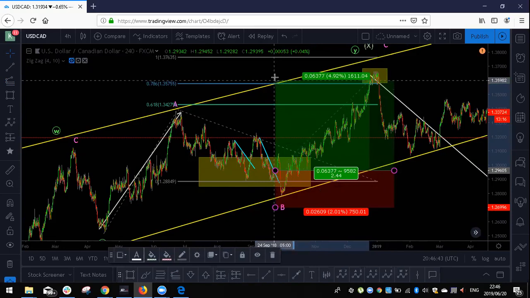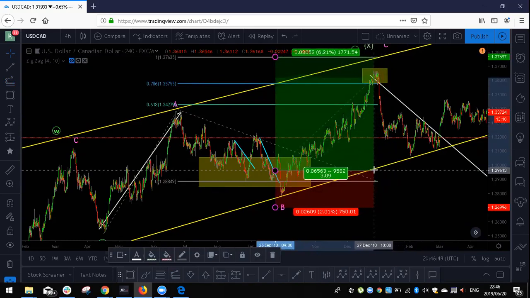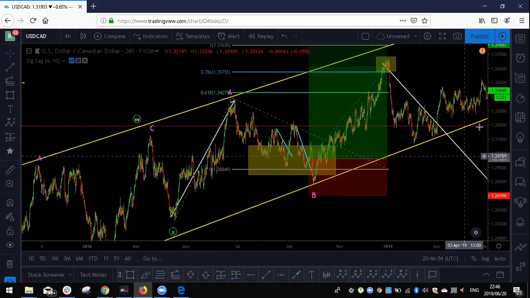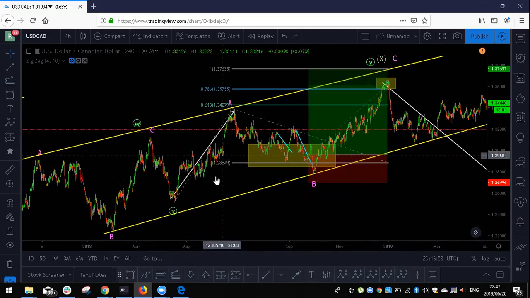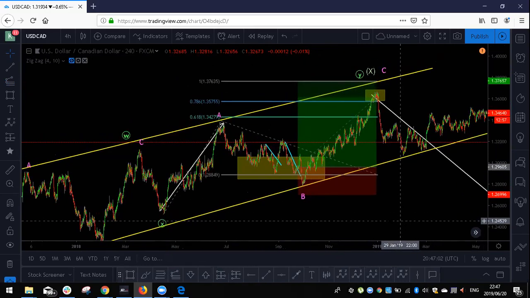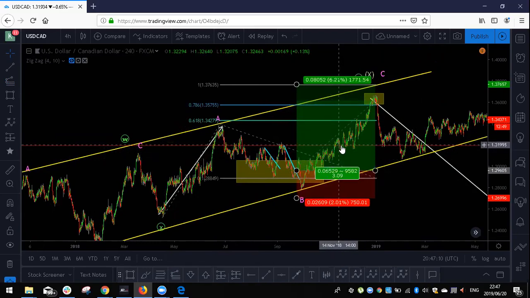So you held the trade that long? No, I didn't hold it. I'm just showing you a practical trade scenario. I don't really hold my trades this long. What happens is that I get this long-term analysis, and then in between this long-term, I enter, exit, enter, exit.